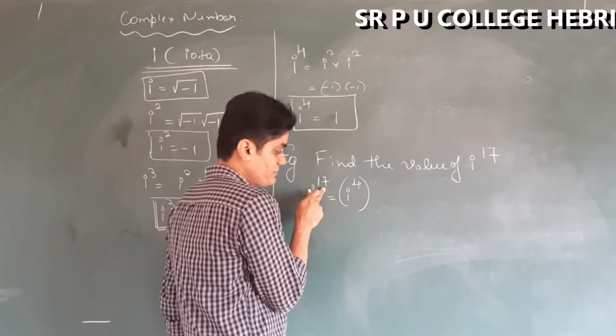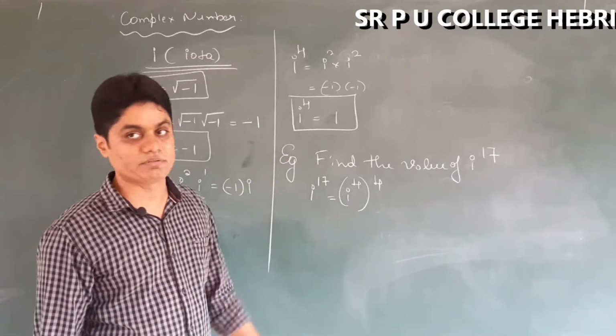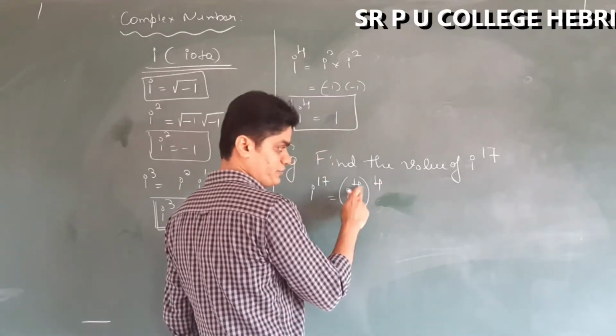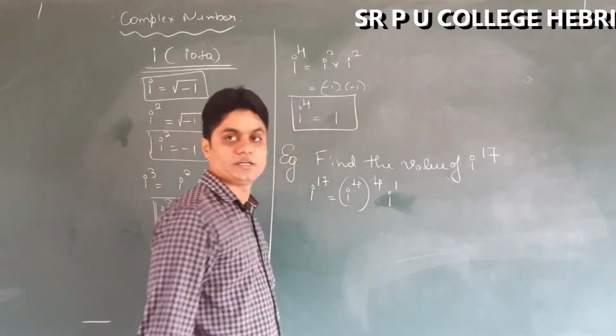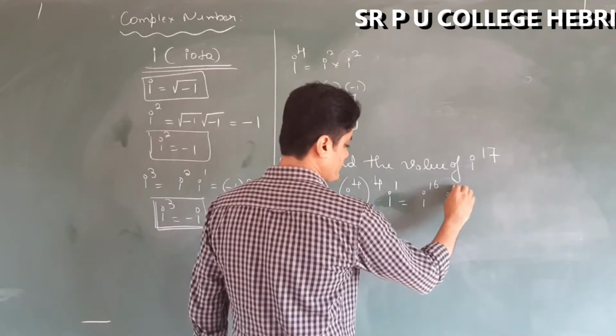Which number can you come near to 17? 16. How do you get 16? Raise the power to 4. So i power 4 to the power 4, which is i power 16, 4 into 4, but we need i power 17. So multiply by i power 1. So this is i power 16 into i power 1.